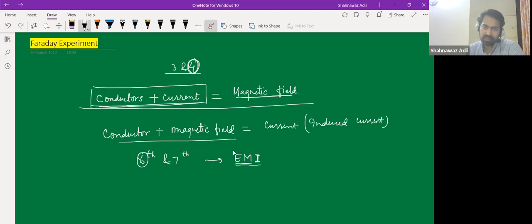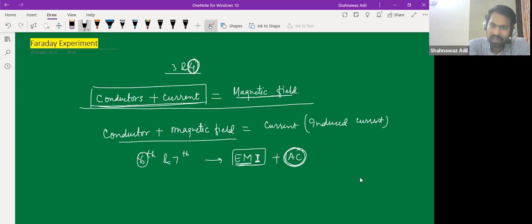So this is EMI. Then in the AC chapter as well, we will learn about this induced current when we talk about transformers, dynamo, and all. So this is what the sixth chapter, EMI, is about.